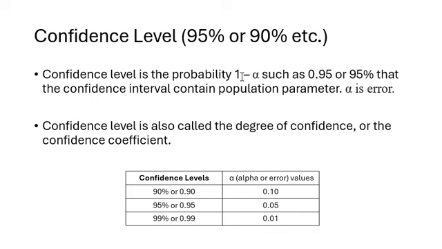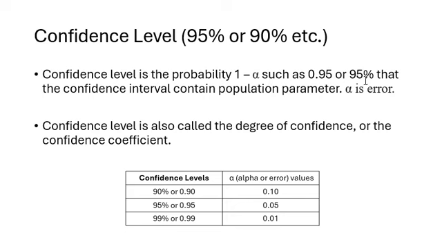If you have a 100% probability, we usually write it as 1 as an abbreviation, and then 1 minus alpha is 100 minus the error. Alpha is your error. If you subtract your system error, human error, and instrument error from 100% of perfection, the ideal, you get your level of confidence.